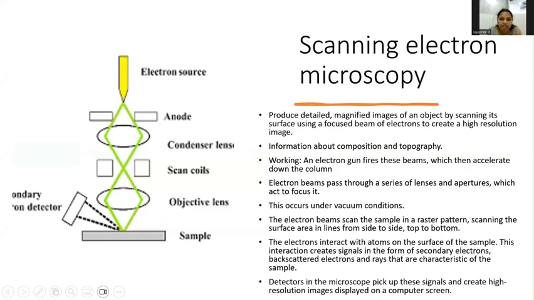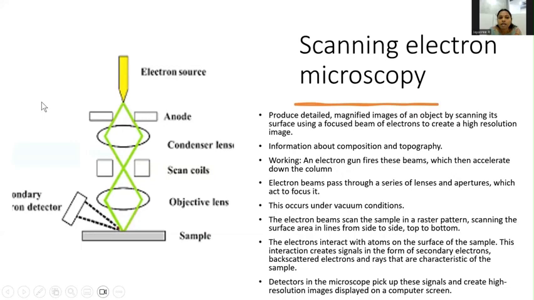In scanning electron microscopy, unlike optical microscopy where light is used as the incident rays, the electron beam is the incident ray. Why are we using electron rays? Because electrons have a very small wavelength compared to visible light, where the wavelength ranges from about 200 to 800 nanometers.